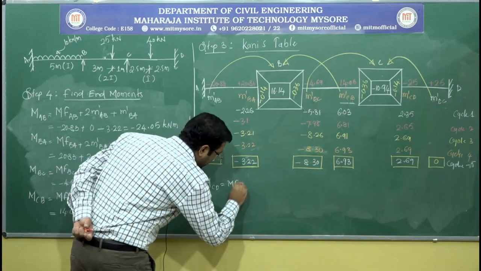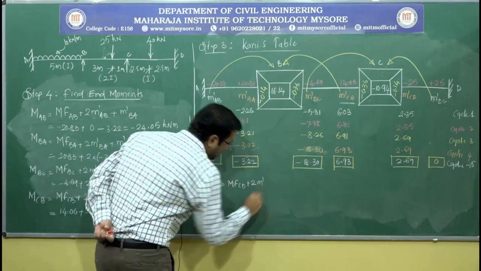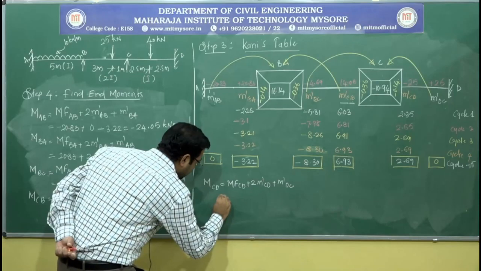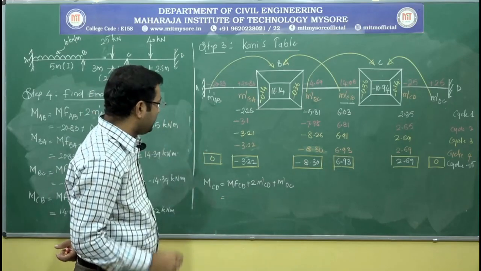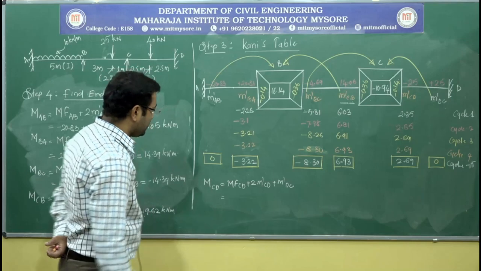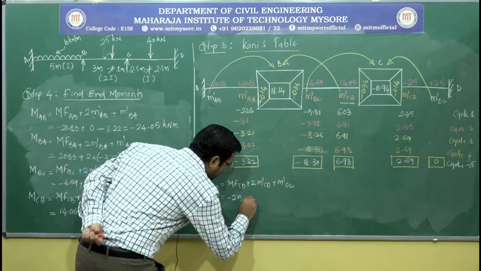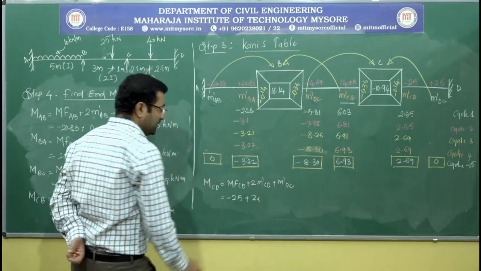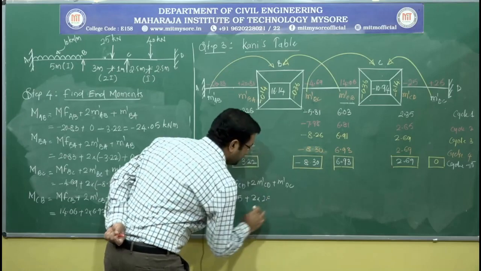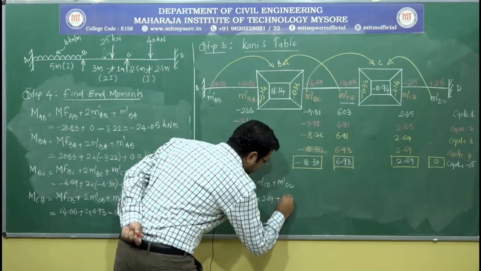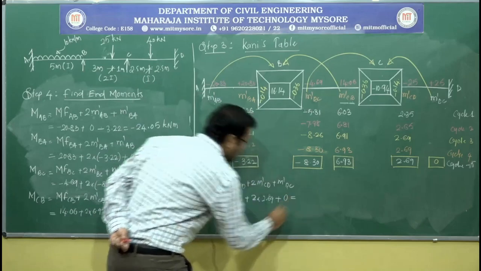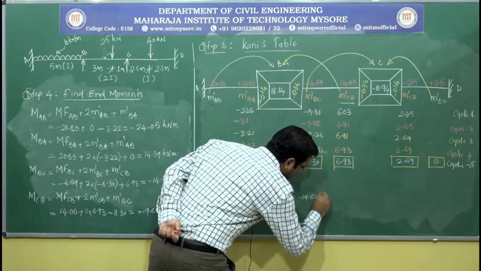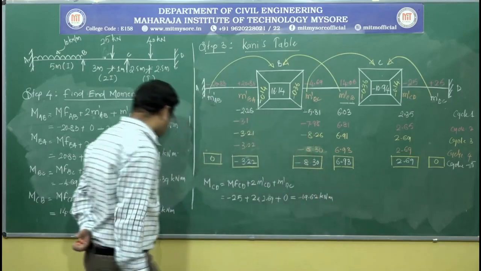MCD is equal to MFCD plus 2 times M dash CD plus M dash DC. MFCD is minus 25, so minus 25 plus 2 times M dash CD, which is 2.69, plus M dash DC, which is 0. That gives me a value of minus 19.62 kilonewton meter.